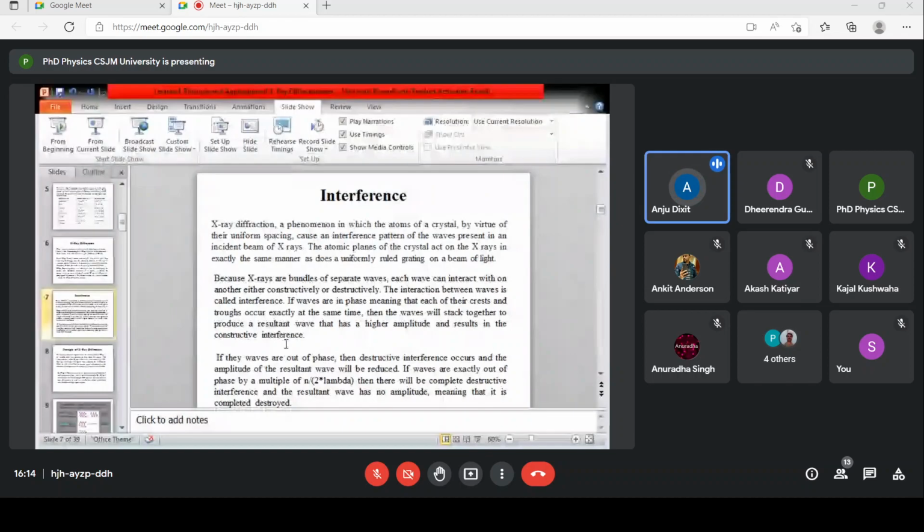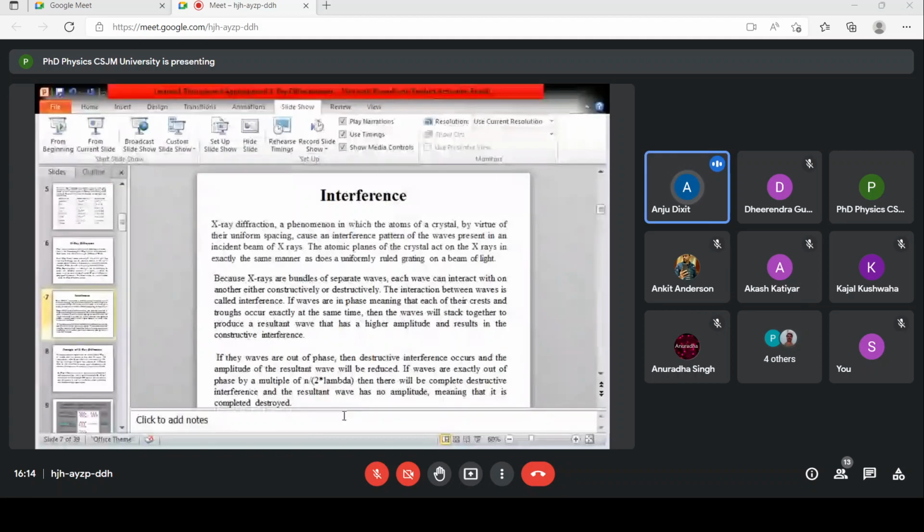So if the waves are out of phase, then destructive interference occurs and the amplitude of the resultant wave will be reduced. If waves are exactly out of phase by a multiple of lambda over 2, then there will be complete destructive interference and the resultant wave has no amplitude, meaning that it is completely destroyed. So in this case, we will not obtain any kind of diffraction pattern.